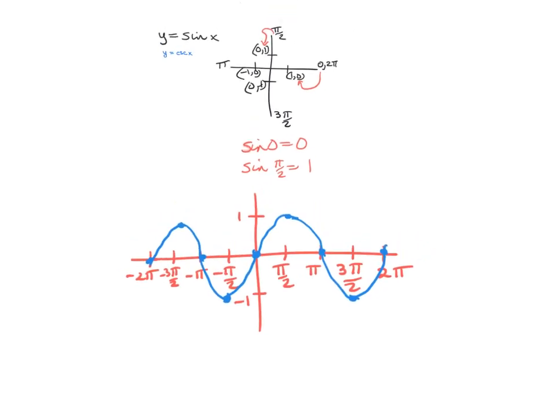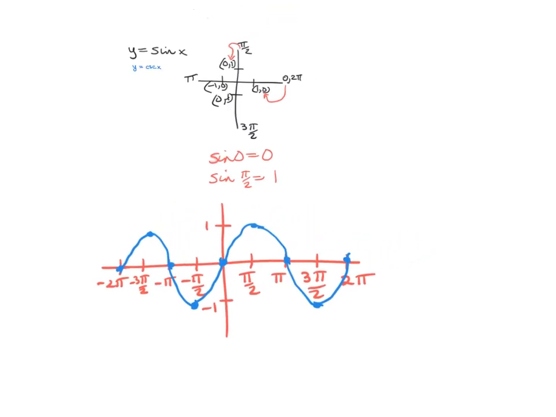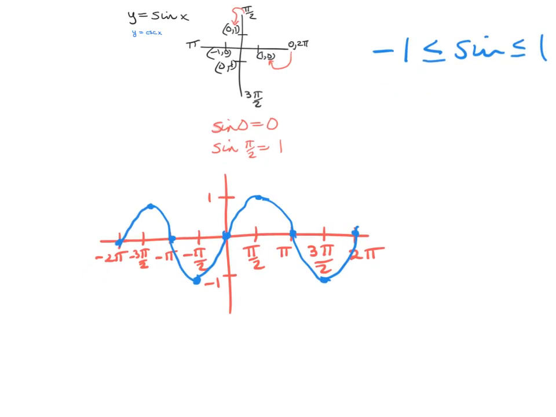Now, recall that the normal values for sine were fractions. So sine is always going to be between negative 1 and 1. And notice where my graph is. The highest it gets is 1, and the lowest it gets is negative 1, so it's oscillating between negative 1 and positive 1.